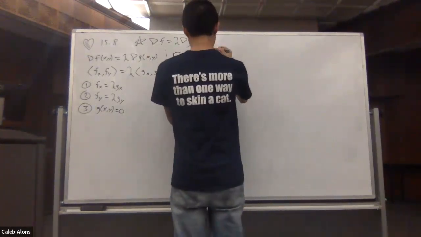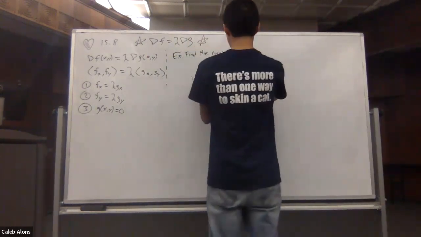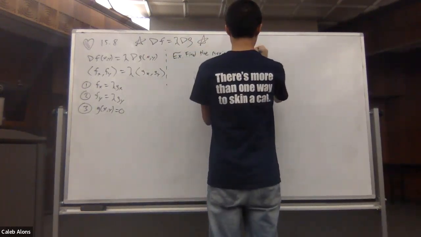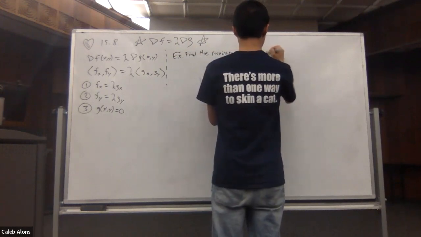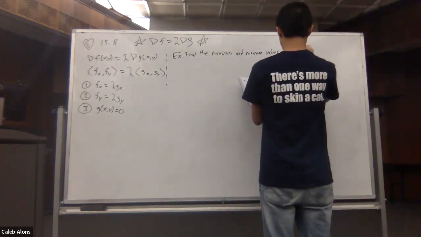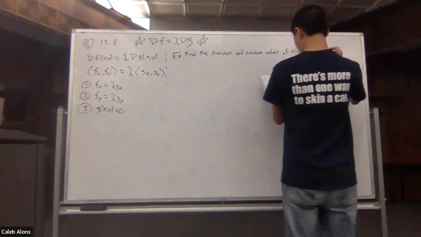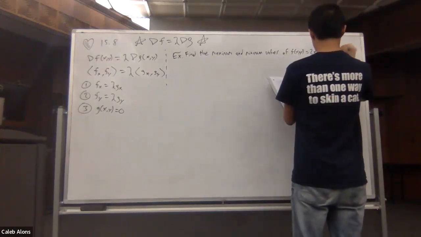Okay, find the maximum and the minimum values of f(x, y) is equal to 2x squared plus y squared plus 2.